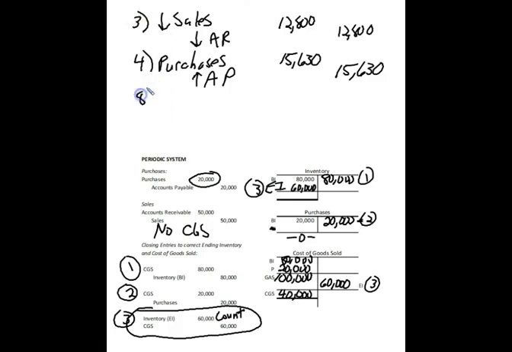So over here, let's go over. We want to record sales returns and reduce our accounts receivable, $2,600. Okay, so going through that.